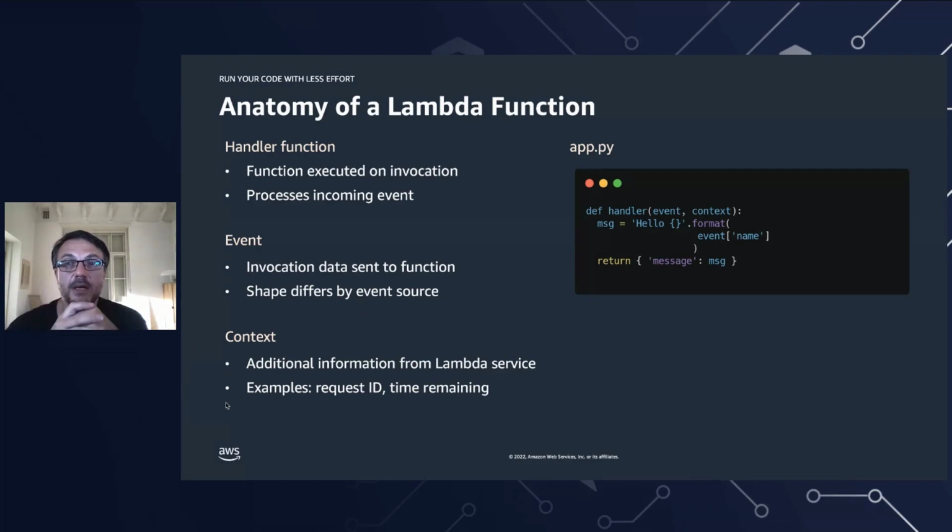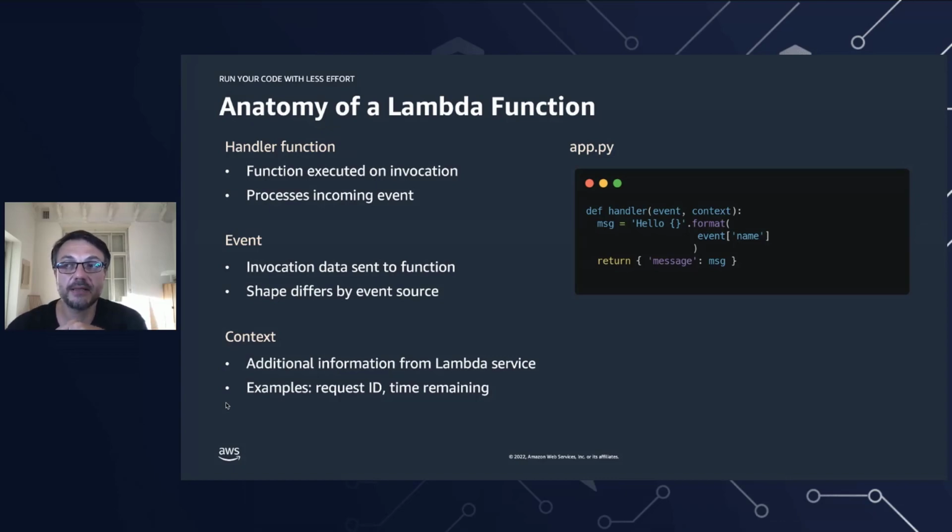First of all, you should provide a so-called handler function. This function is an entry point into your code, and it will be executed by the Lambda runtime when the event comes. And the Lambda runtime will pass to that function two parameters, the event and the context.